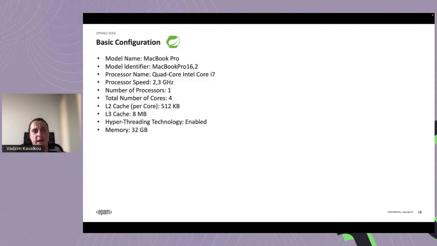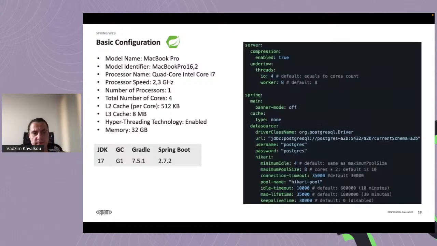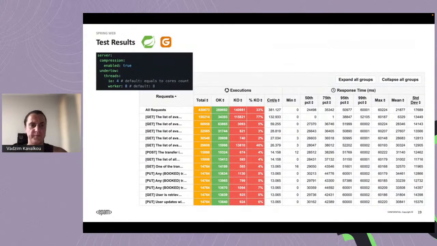I completed all the tests on my local machine, a MacBook with an Intel Core i7, 4 total cores, and 32 GB of RAM. As JDK, I used JDK 17, Gradle 7.5.1, and Spring Boot 2.7.2. I provided brief configurations I've used here. Most of them are default.